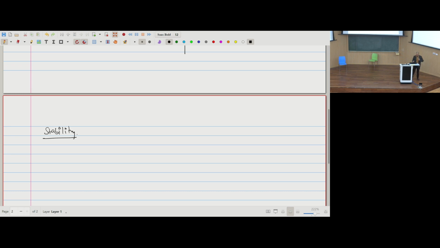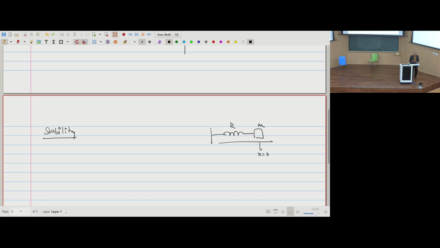Let's say you have a simple spring mass system. The spring has a spring constant k, and we have an equilibrium length. Let's say we call it x equal to 0, the unstretched equilibrium length of the spring.